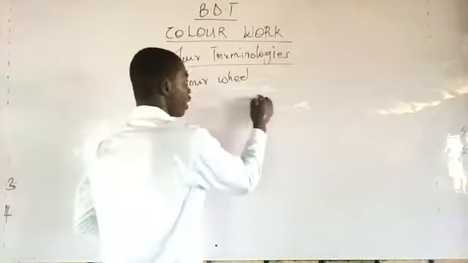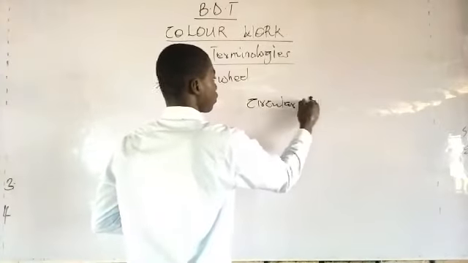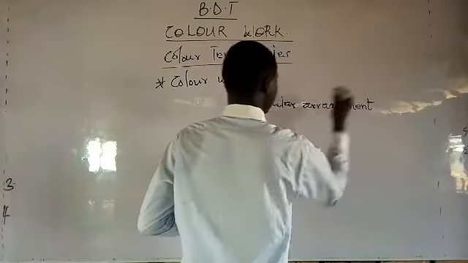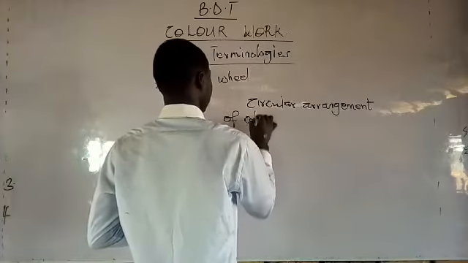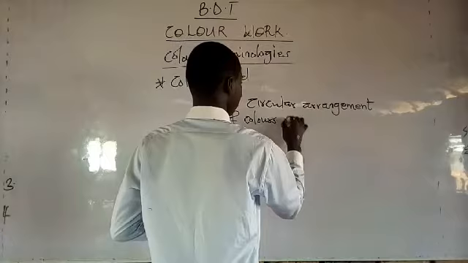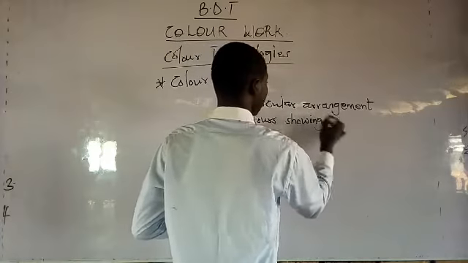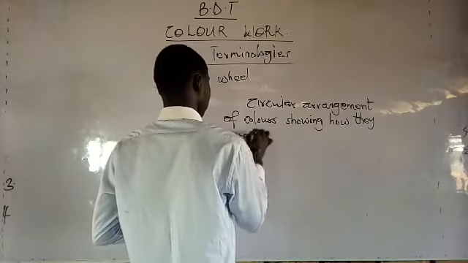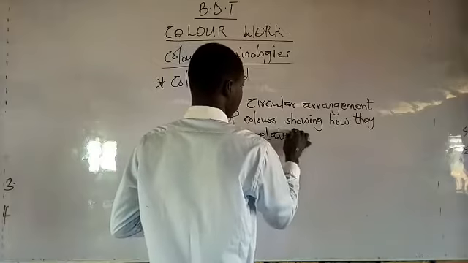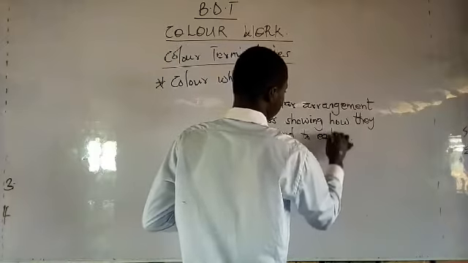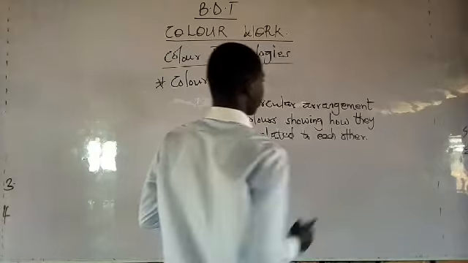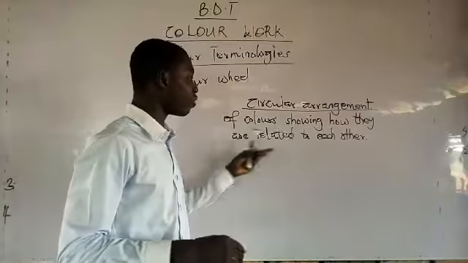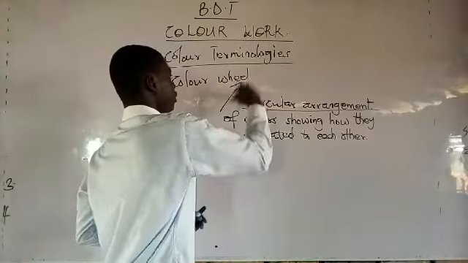The keyword is circular. Circular arrangement of colors, showing how they are related to each other, is meant by color wheel.